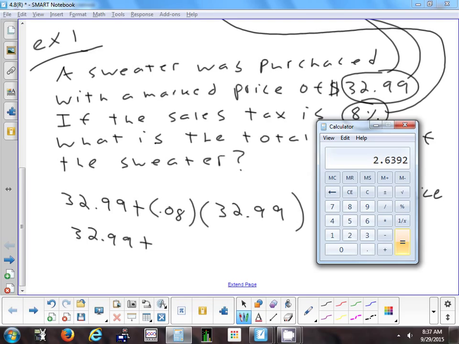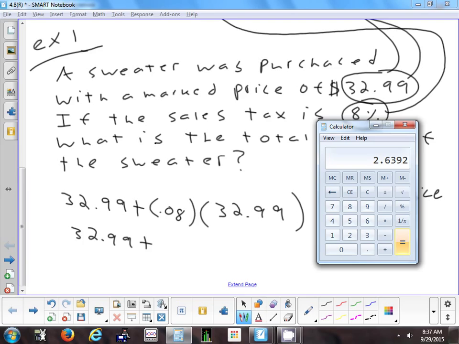I don't know if I'd go with 2.6 here. Think about what we do in real life. Where would that be rounded? 2.60? I don't think so. Where would that be rounded? Because it's money. 2 point what? No?